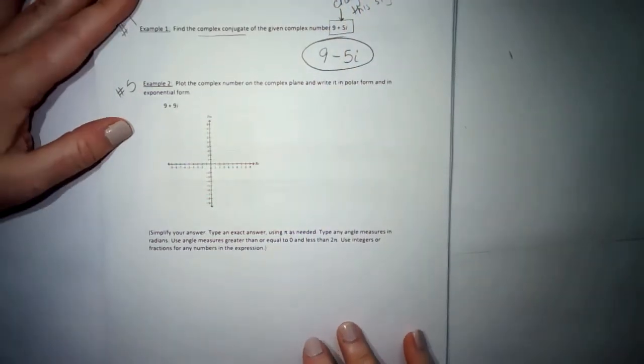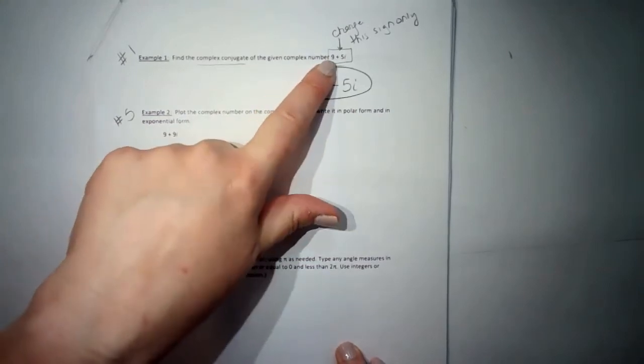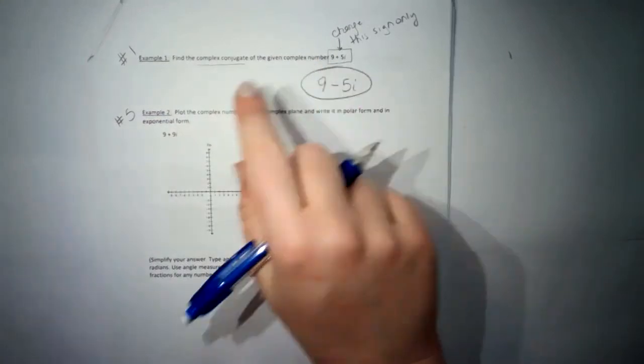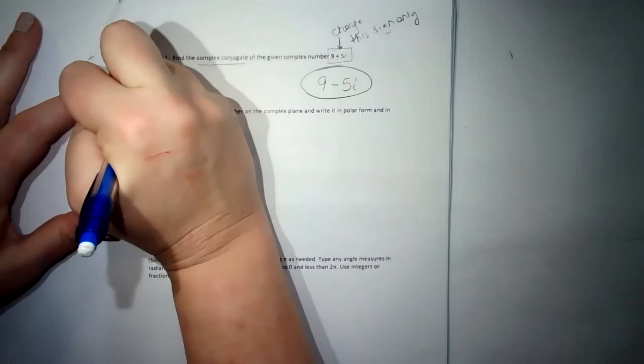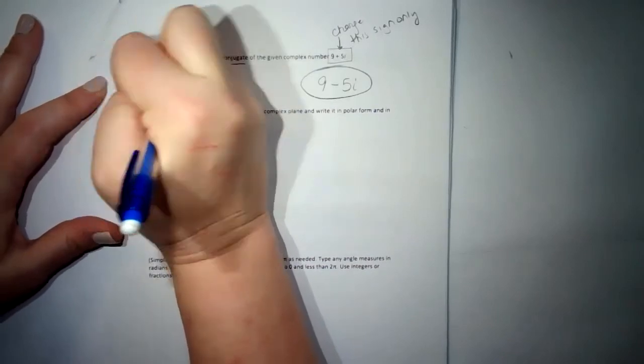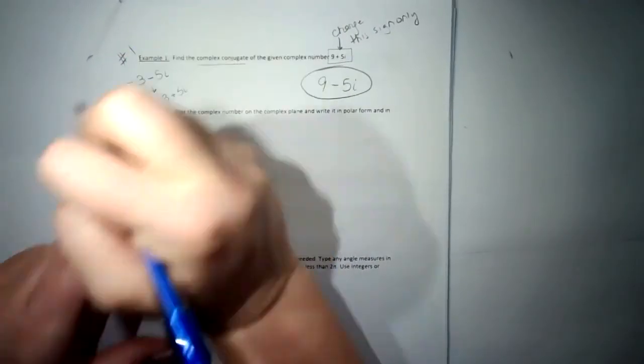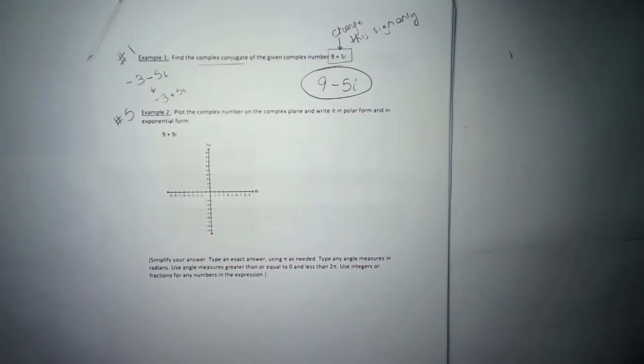Okay, we do not want to change the sign of the real number, correct? So what if, let's just throw this over here, we had -3 minus 5i. What would his complex conjugate be? -3 plus 5i. Always leave the real alone, only change the imaginary for your complex conjugate. Good. Okay, that brings us to number 5.